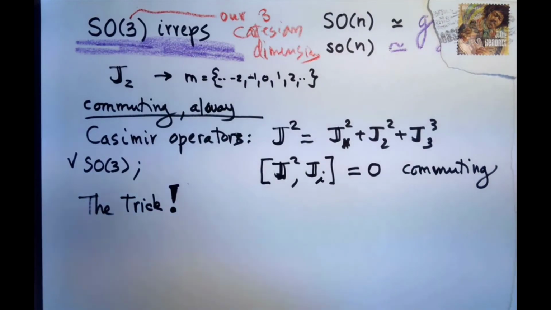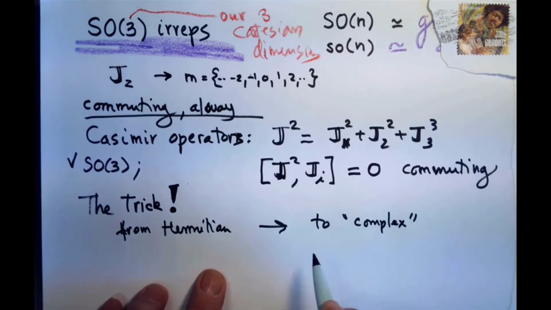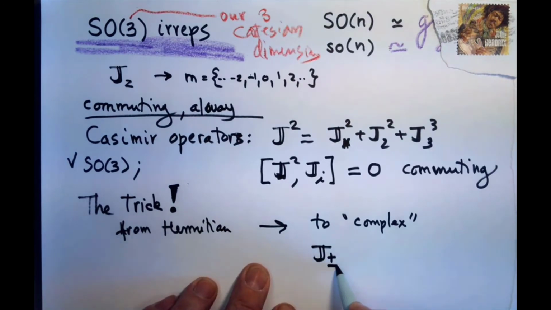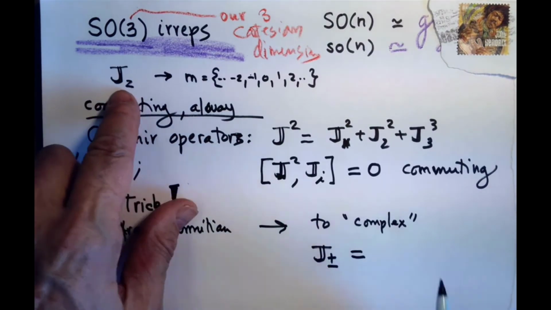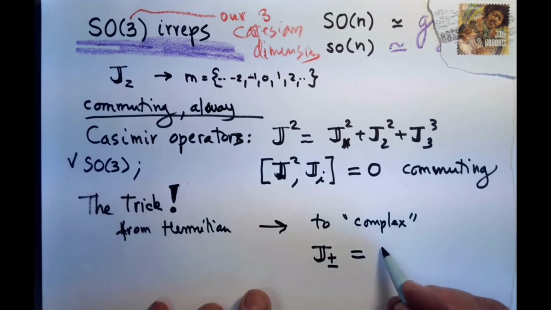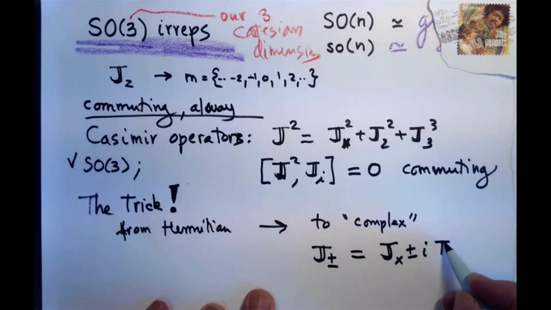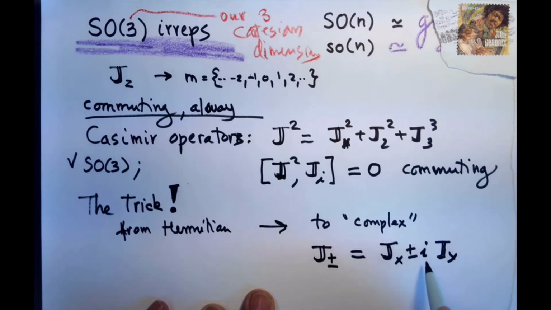And the trick is to change your basis from Hermitian to complex. So you define new operators by simple algebra, and I still have to deal with x and y. So you combine them as you would combine, remember, a Hermitian matrix is a generalization of real numbers. And now you go to a complex version of them by multiplying the second Hermitian matrix by i.